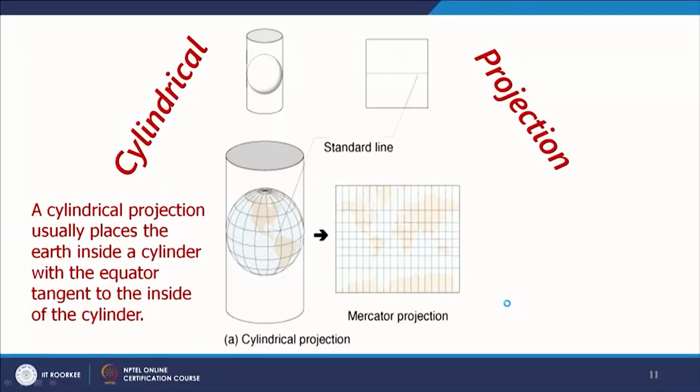Again, cylindrical projection, in which you usually place the earth inside a cylinder with the equator tangent to the inside of the cylinder, and you get a Mercator projection. So, there is the universal transverse Mercator projection, UTM, very popular, and this is how that is done.